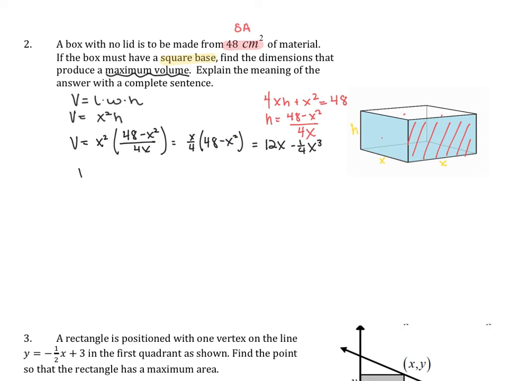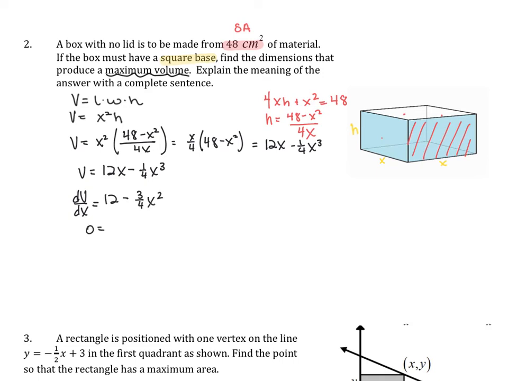So really what I'm trying to find the maximum of, maximum volume, is the volume, which is 12x minus a quarter of x cubed. So if I take the derivative of this, the derivative of the volume with respect to x, I would get 12 minus 3/4 x squared.